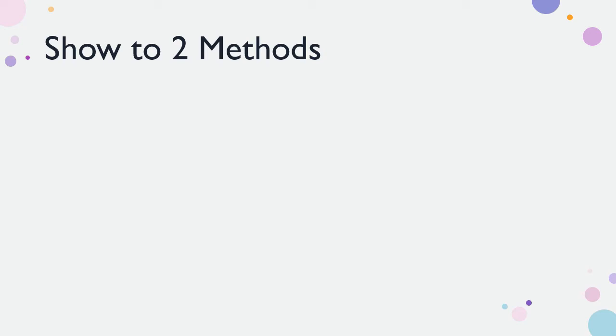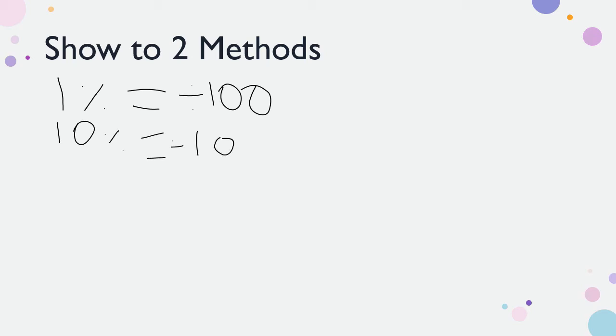So we memorize 1% as divide by 100, 10% as divide by 10, 20% as divide by 5, 50% is divide by 2 as a half, and those are our building blocks.